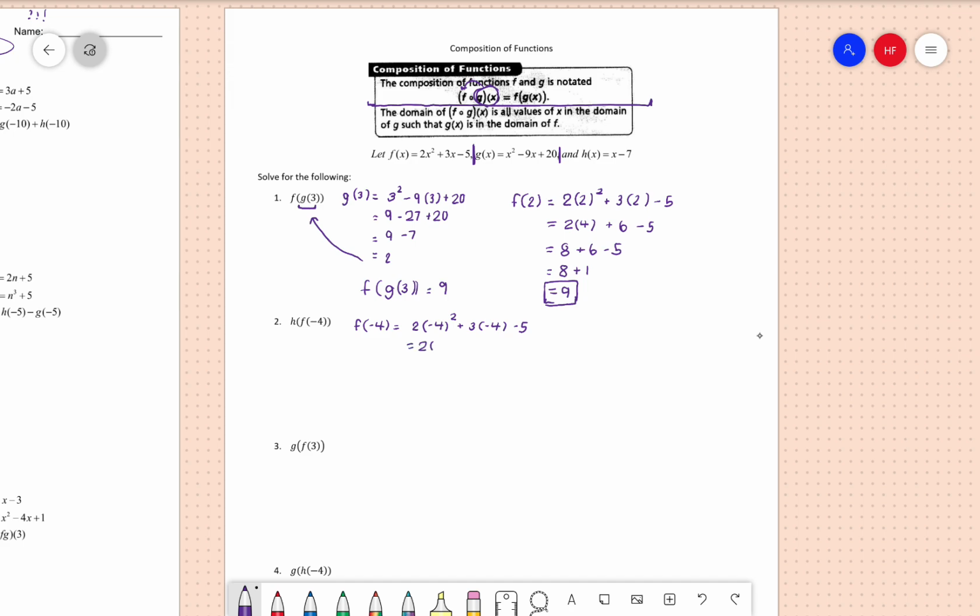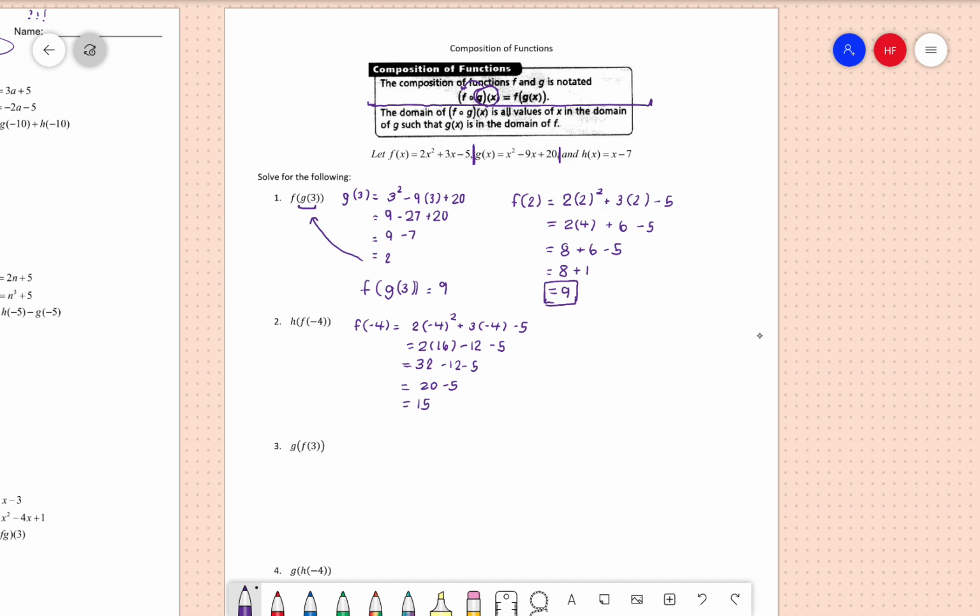So 2 times 16 plus 3 times negative 4 is negative 12 minus 5. 2 times 16 is 32 minus 12 minus 5. 32 minus 12 is 20. 20 minus 5 is 15.